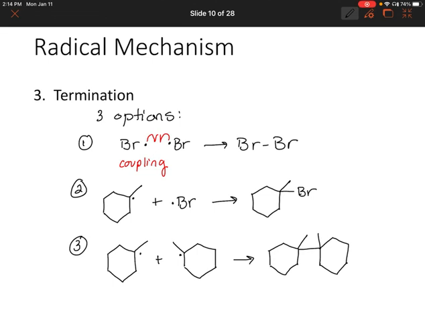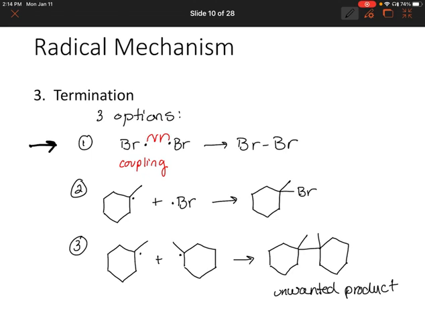Now that, of course, gives us an unwanted product. So if I ask you to draw a radical mechanism, you only have to include one of these termination options. You don't have to include all 3. The first one is kind of the easiest, in my opinion, to draw, so feel free to use that one.